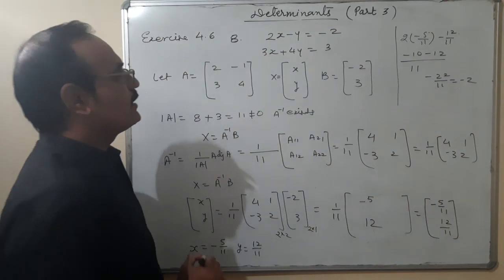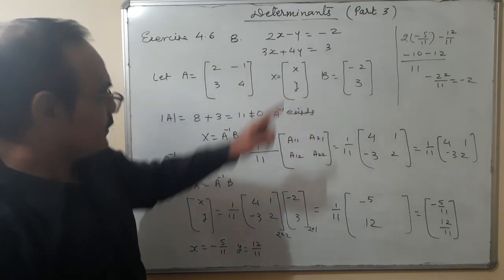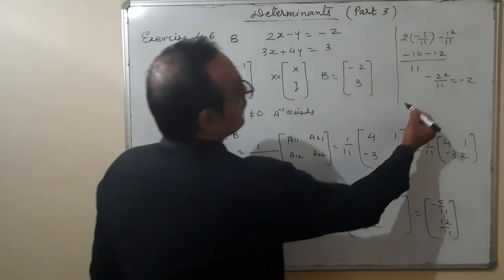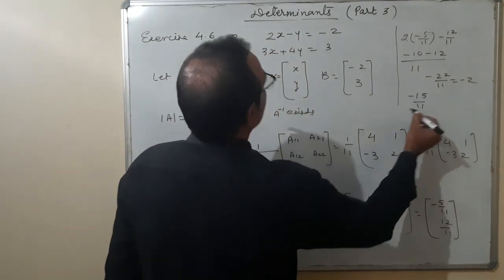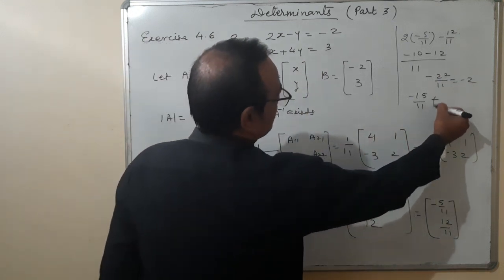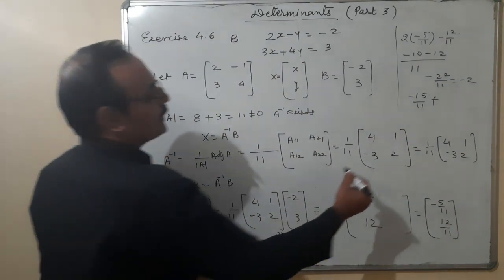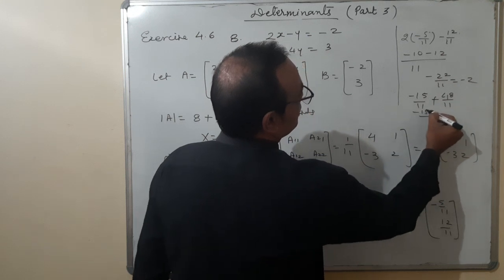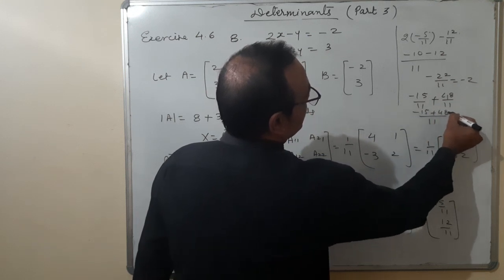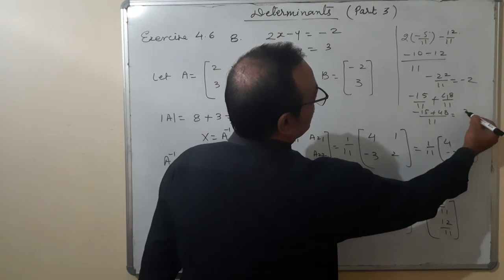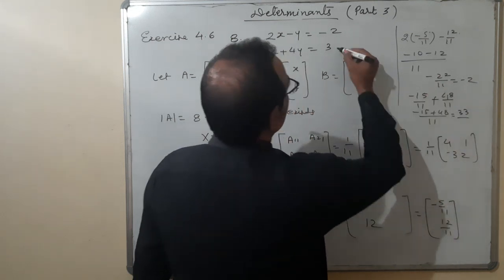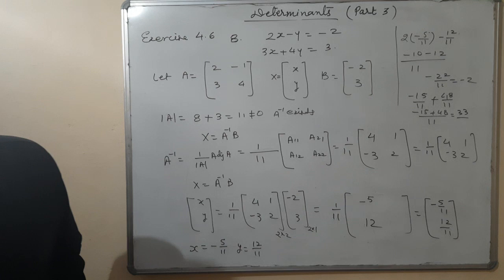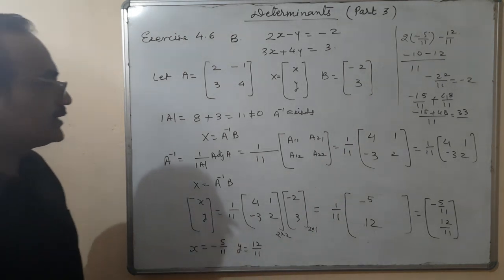Now the second equation: minus 15 upon 11 plus 48 upon 11. LCM 11, minus 15 plus 48, it is coming 33 upon 11, 3. Result is 3. Okay, so our solution is x is equal to minus 5 upon 11 and y is equal to 12 upon 11.